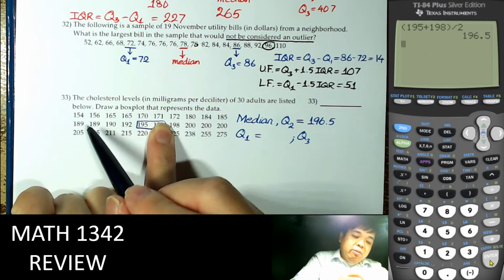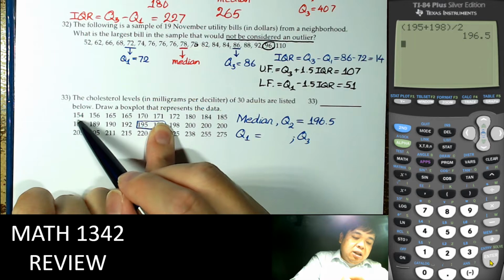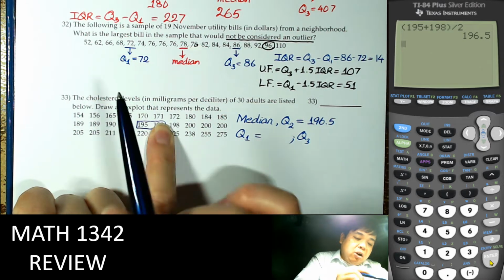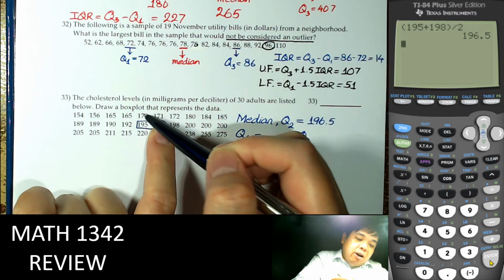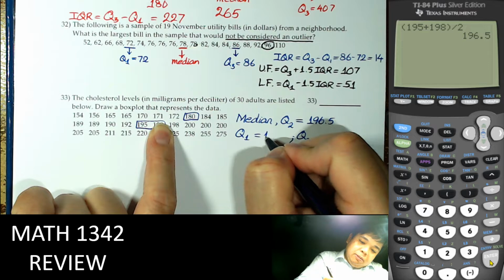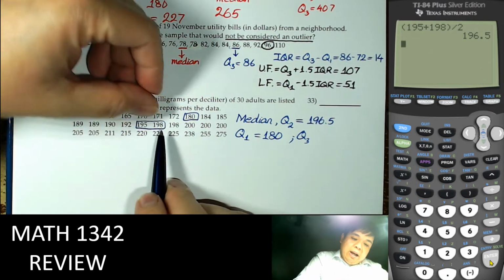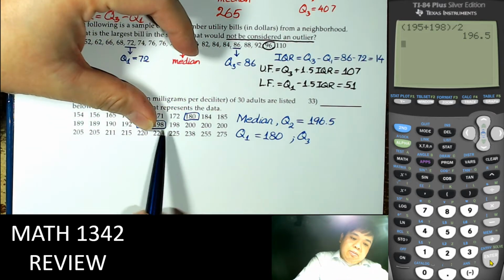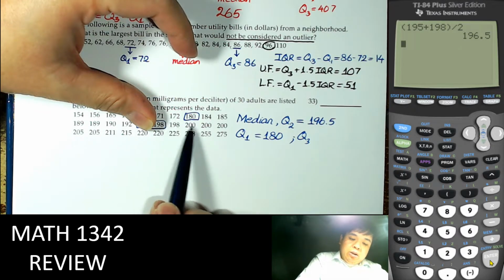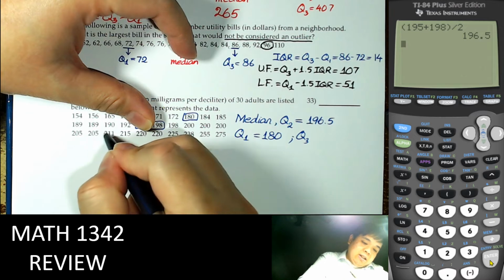So the middle of the lower 15 numbers, the middle of that: 1, 2, 3, 4, 5, 6, 7, 8. And then for the upper 15, that will be the 8th: 1, 2, 3, 4, 5, 6, 7, 8.